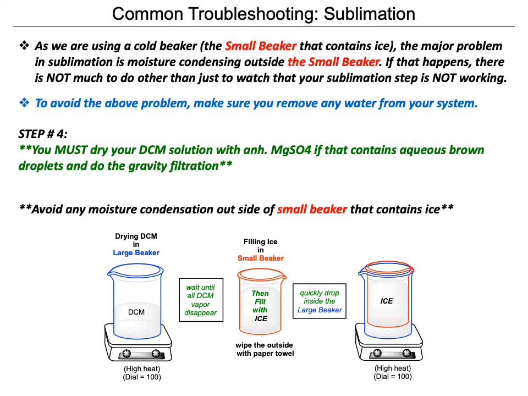We have the smaller beaker filled with ice, and we keep the small beaker inside the larger beaker. After evaporation of the DCM, we have evaporation of caffeine, and because the small beaker is very cold, the physical process of sublimation is happening on the exterior wall of the smaller beaker.